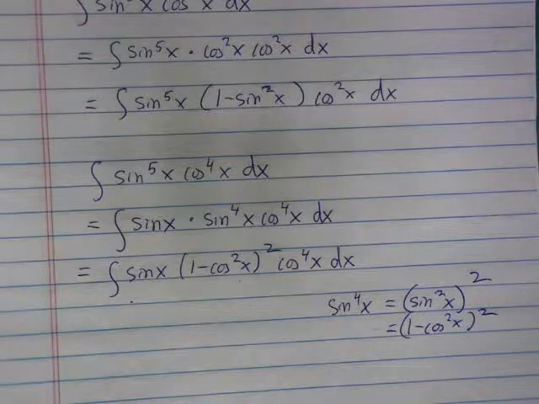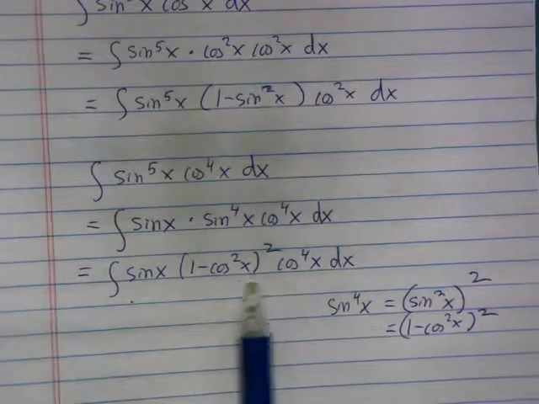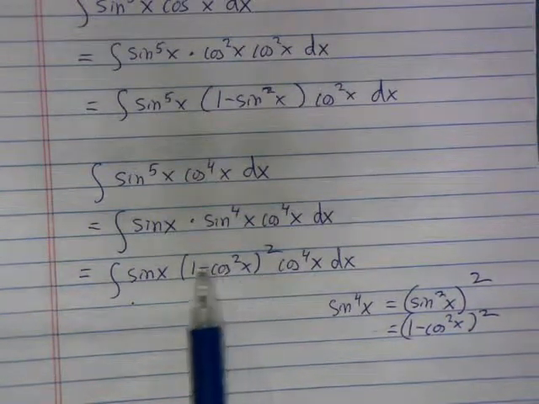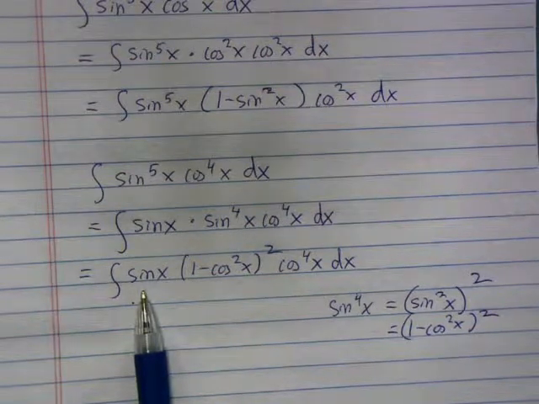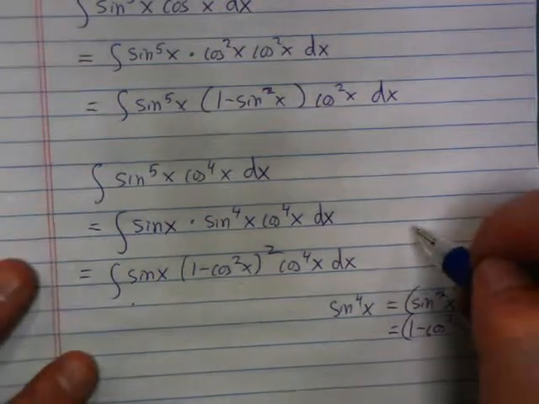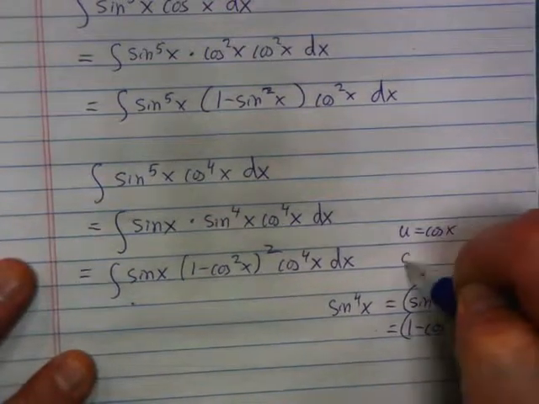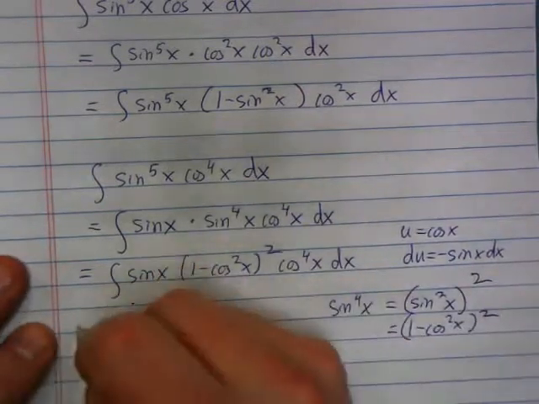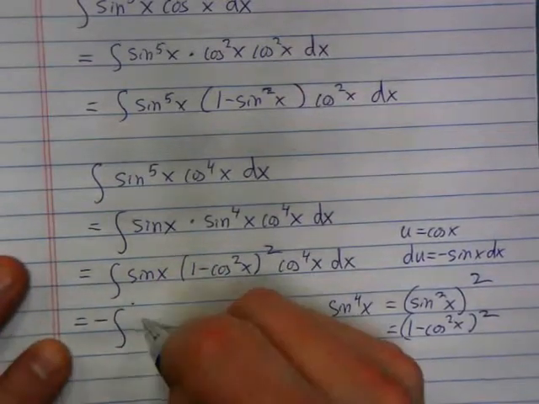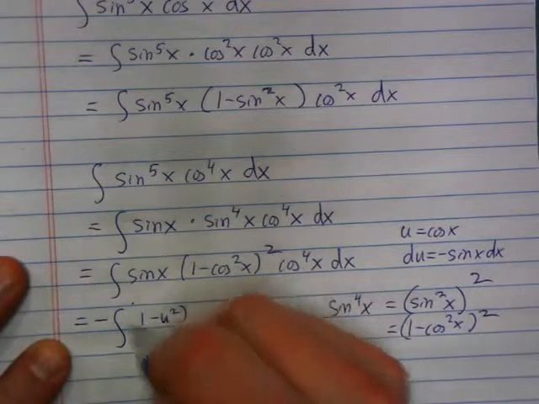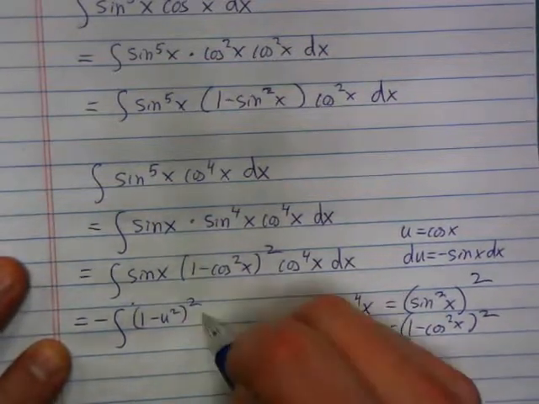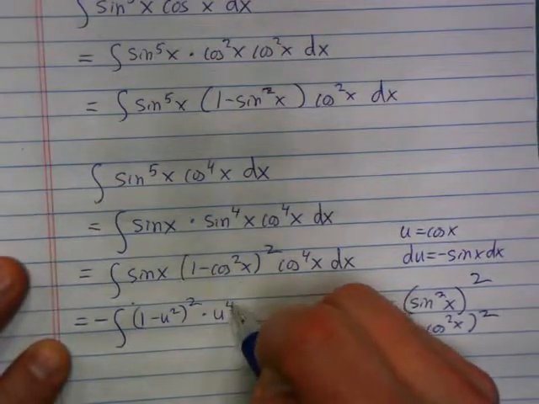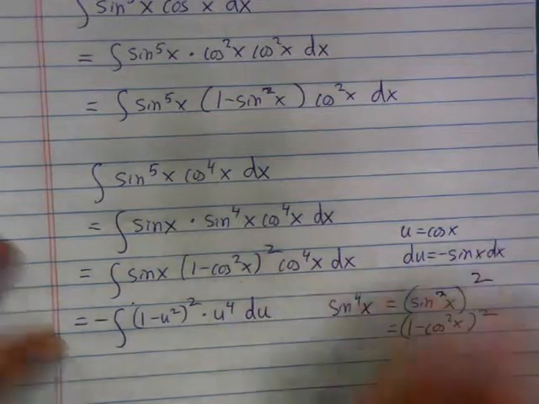Because now I'm going to let u be cosine, and so I'll put a u there, I'll put a u there, and then the derivative of cosine is going to give me negative sine, but it gives me the sine, which is what I really needed. So u equals cosine x, du is minus sine x dx. So this becomes minus the integral 1 minus u squared squared times u to the fourth du.